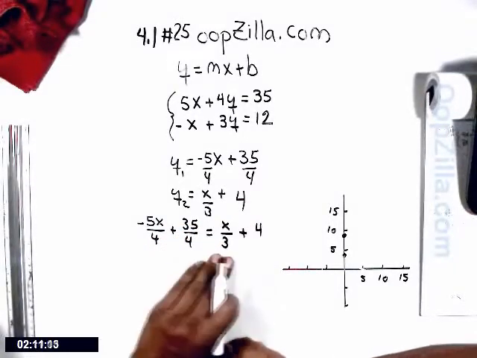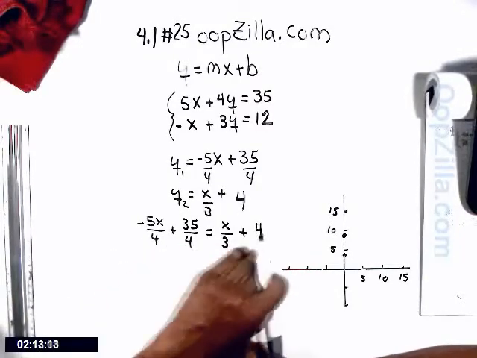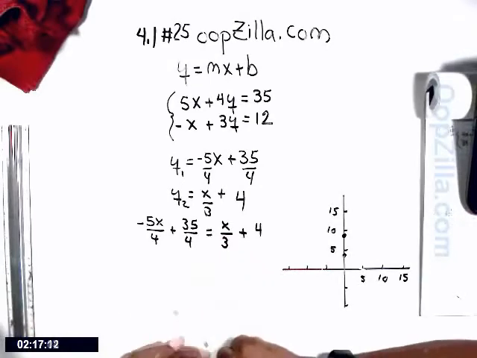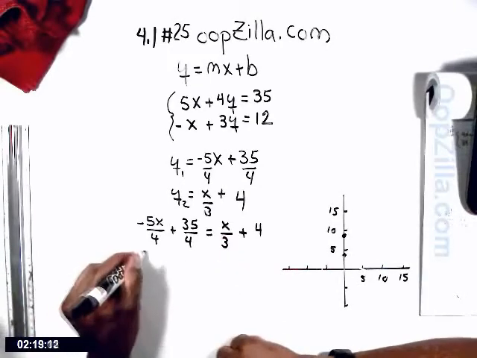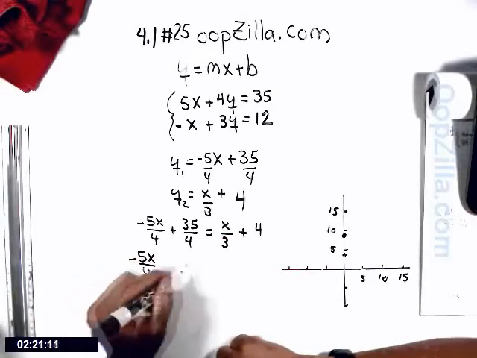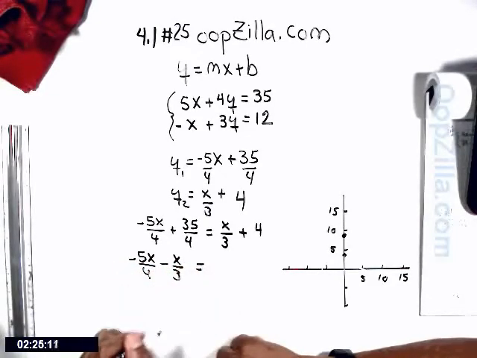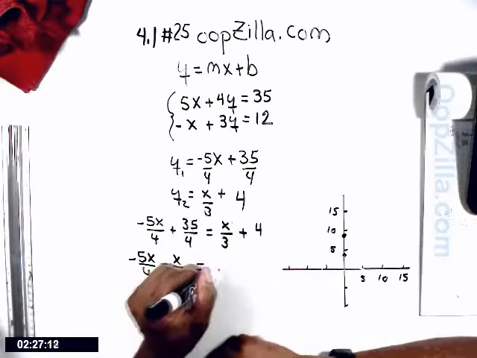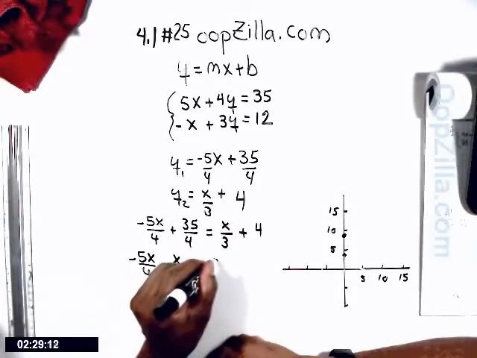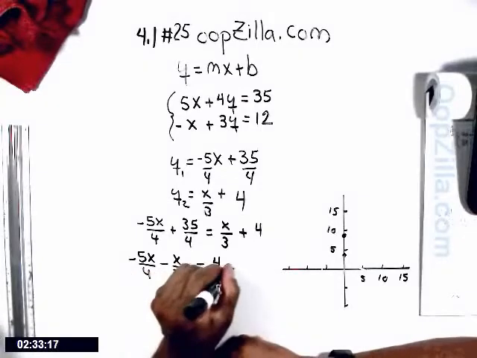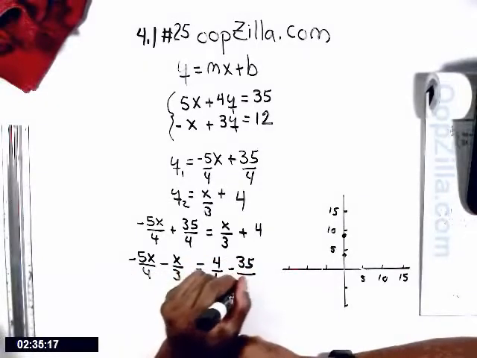Now what I want to do is move this across the equal sign and move this across the equal sign, putting the right signs on there as I do it. So I'm going to have minus 5x over 4 minus x over 3 equal to, move him across the equal sign, negative 4 over 1, that's going to be minus 35 over 4.